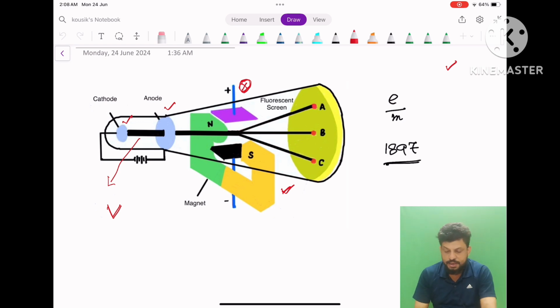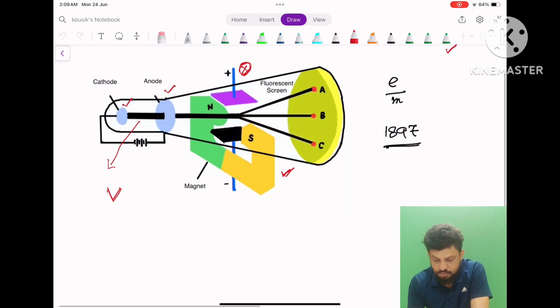When it comes into the magnetic field, it experiences a force. Its name is the Lorentz force. I explained it in a previous lecture, so if you want to know about the Lorentz force, you can see the previous lecture.